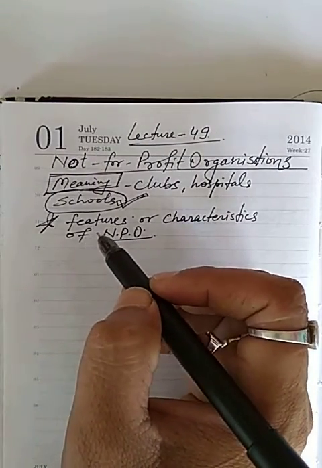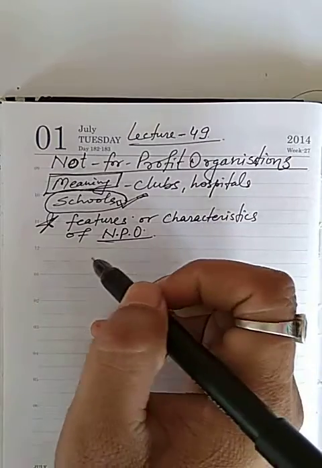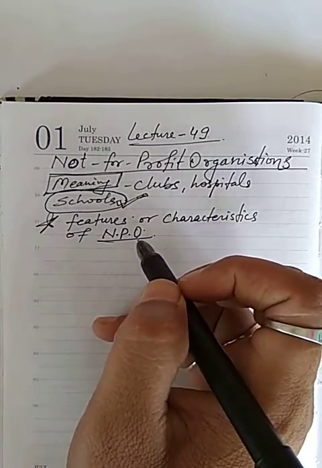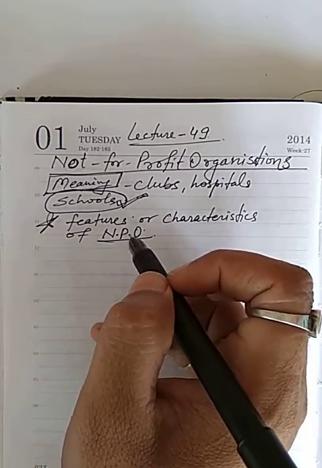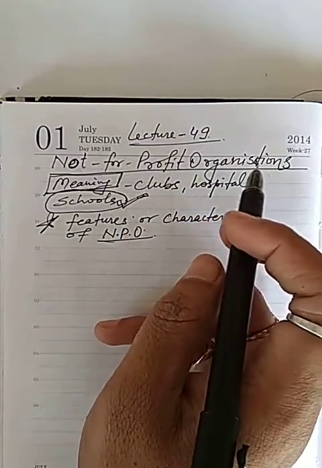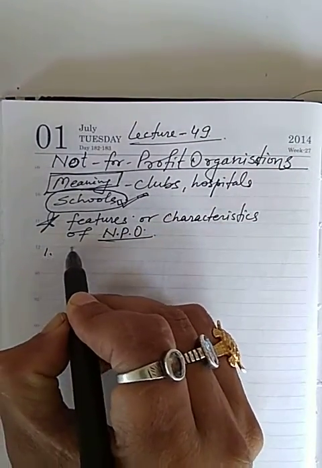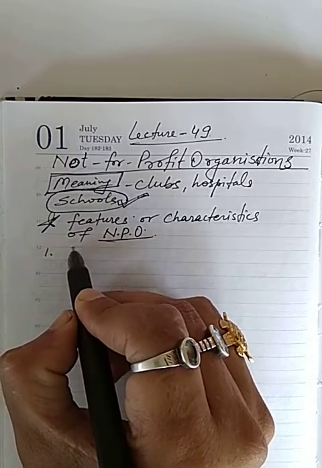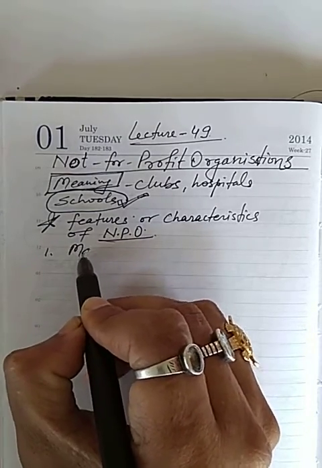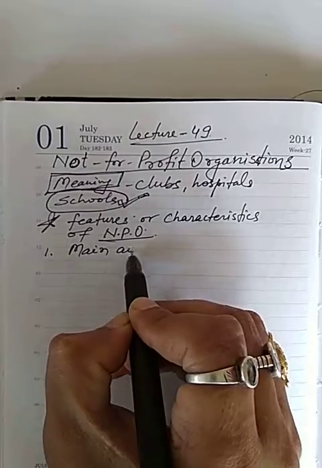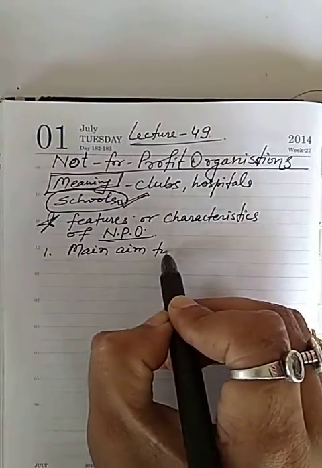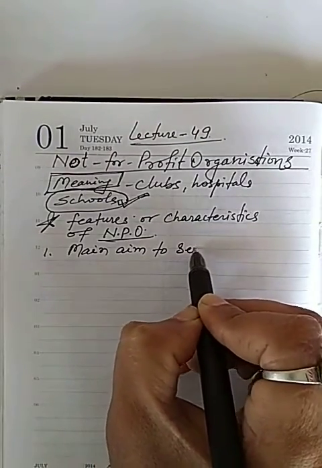Now, the features or characteristics of NPO. NPO means not for profit organizations. First feature is main aim is service.